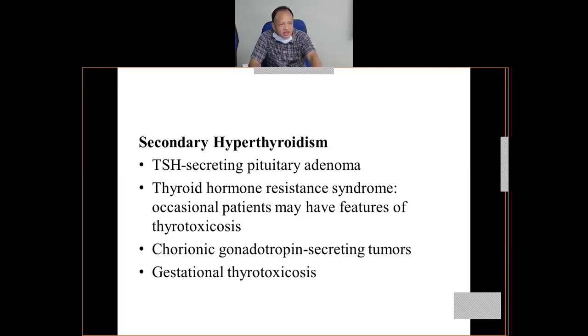Chorionic gonadotrophin secreting tumors, like what we told earlier, and gestational thyrotoxicosis. That means during pregnancy, changes in the thyroid gland are normal physiology, and that is known as gestational thyrotoxicosis.